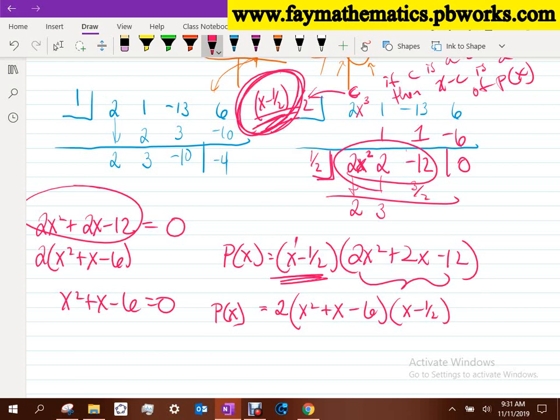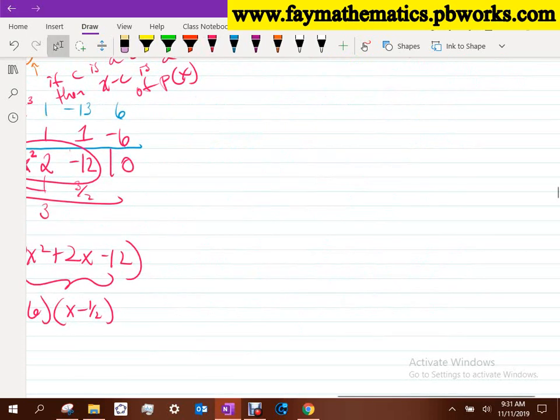Okay? Think about this. If I ask you to take the number 24, let's factor that. That's 2 times 12, now do the prime factorization. So 12 is 2 times 2 times 3, right?